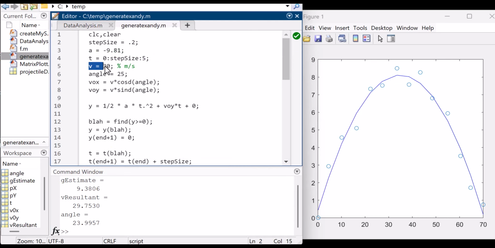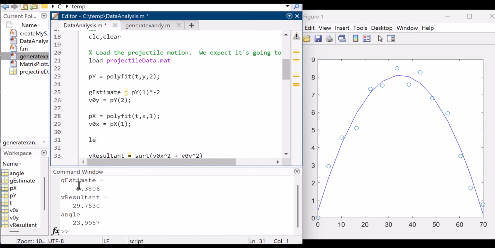The initial velocity was 30, which is what I had here, and my initial angle was 25, and I guessed that it was 24. So that's pretty good, especially considering we only had 14 data points to choose from. So considering we only had 14 data points, that's a pretty good fit.